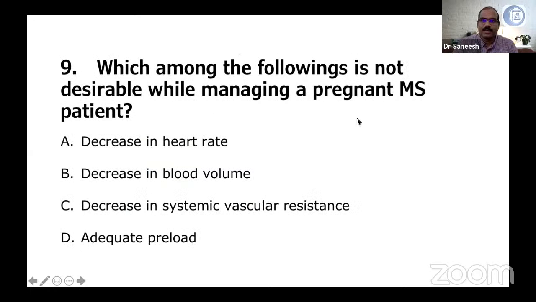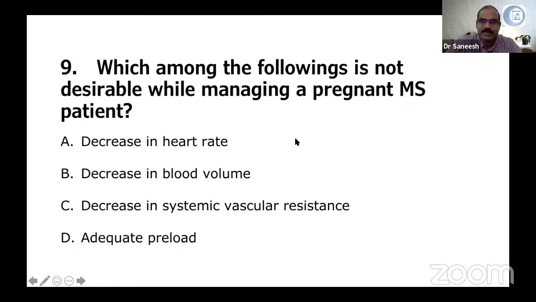Which among the following is not desirable while managing a pregnant MS patient? A, decrease in heart rate, B, decrease in blood volume, C, decrease in systemic vascular resistance, option D, adequate preload. This also we discussed during presentation. Okay, fine.